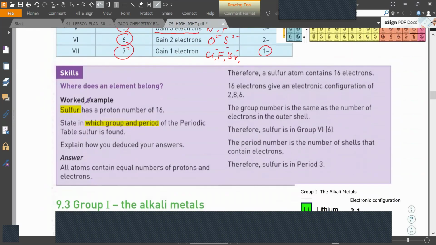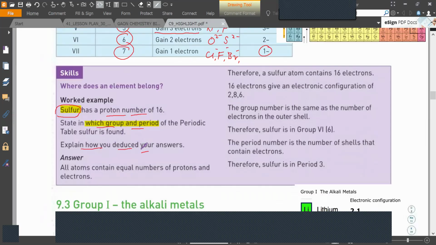Example. Let's say we are given sulfur. It has a proton number of 16. Which group and period does it belong to? Explain how you deduce your answer. If we go to the periodic table, we can find it straight away, but we don't do that.